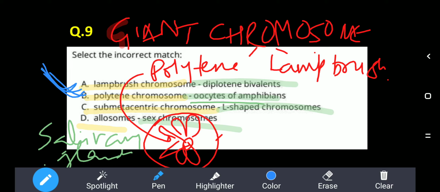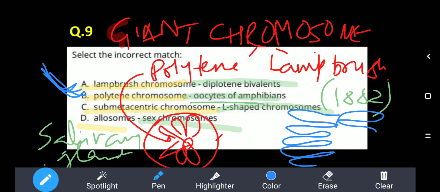Let us talk about the lampbrush chromosome. It was first seen by Fleming in the year 1882, and this lampbrush looks like the brush of a lamp, and it has got structures like this. It has got loops in here.